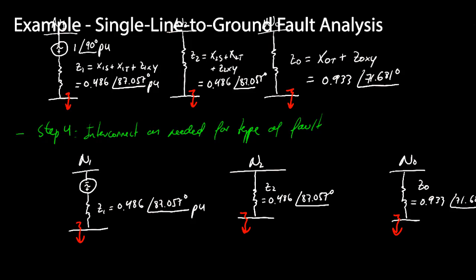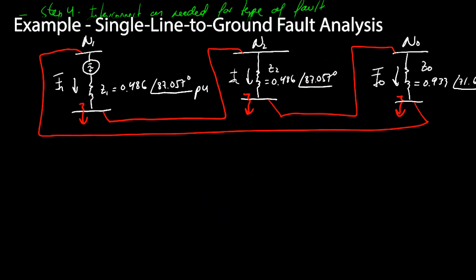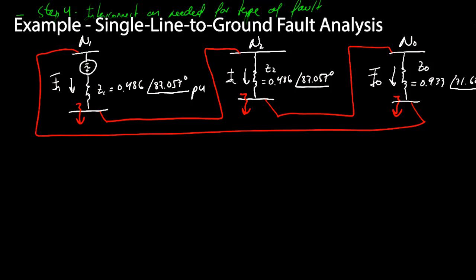For the case of a single line to ground fault, we're going to connect all three in series. So positive in series with the negative, negative in series with the zero, and then from the zero back to the positive sequence network over here. And in here, of course, our positive sequence current flows this way, negative sequence flows this way, and zero sequence flows this way.